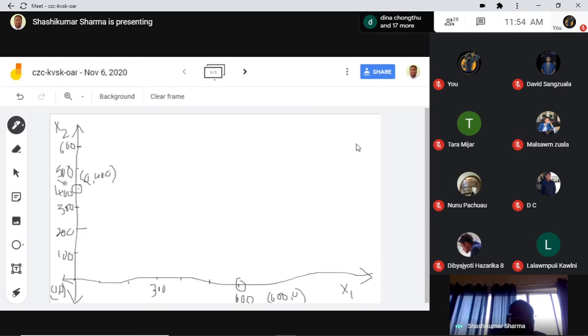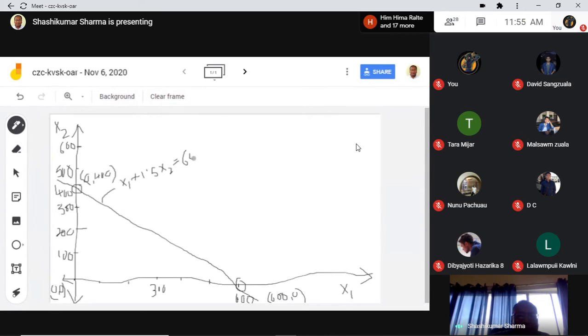My line is going to be a bit curvy, so please bear with it. Now this is the line. This line is your equation 1. What is that equation? That is the first equation, which is 1x1, I will not write 1 out here, x1 plus 1.5 x2 is equal to how much? 600.